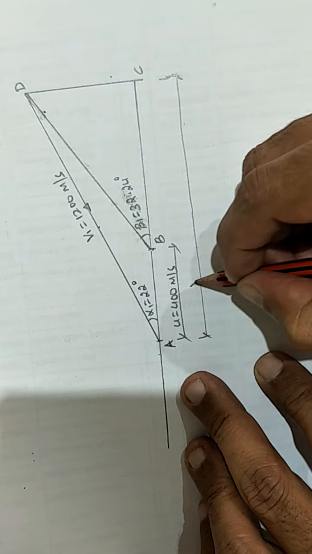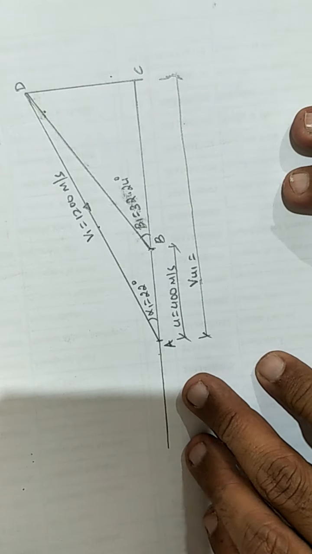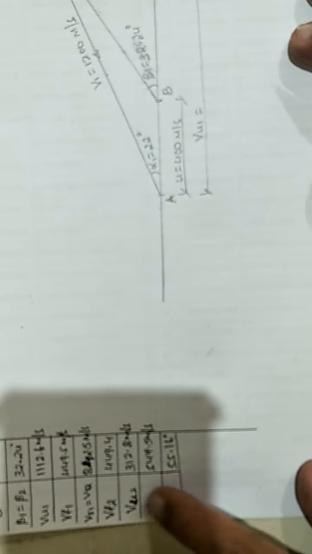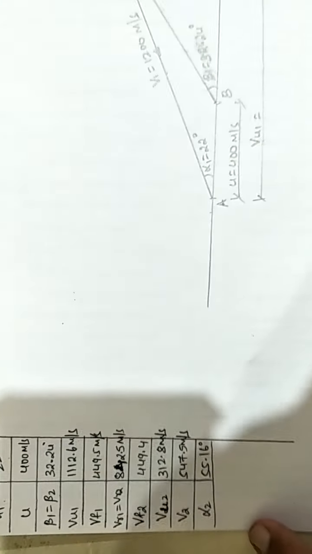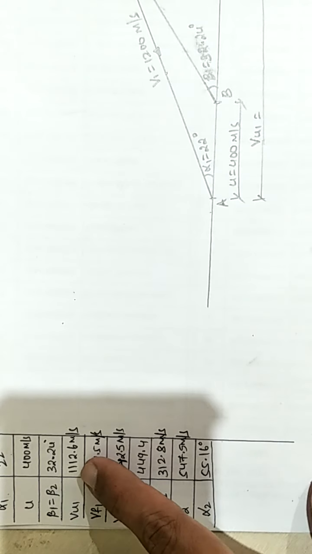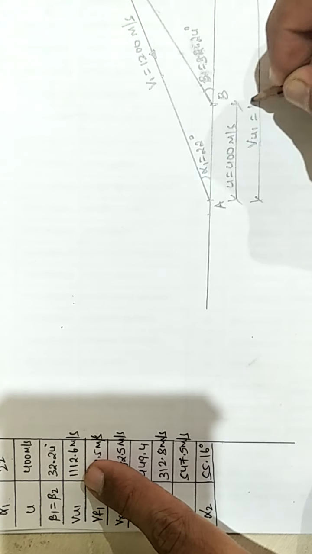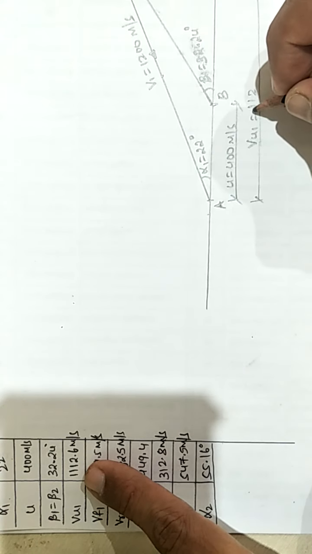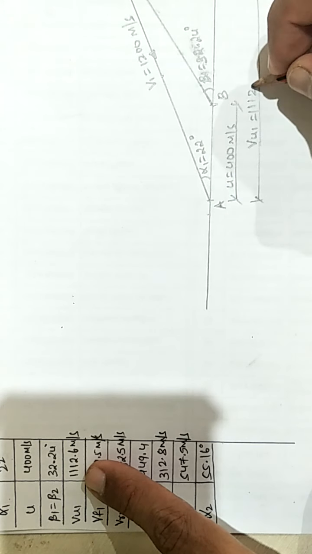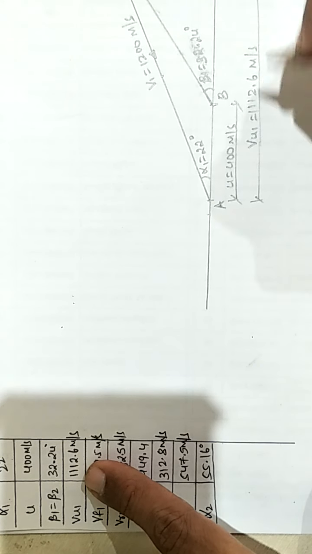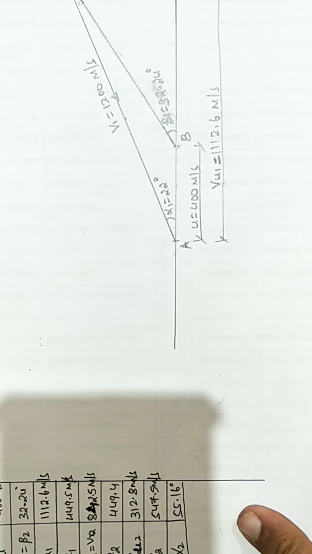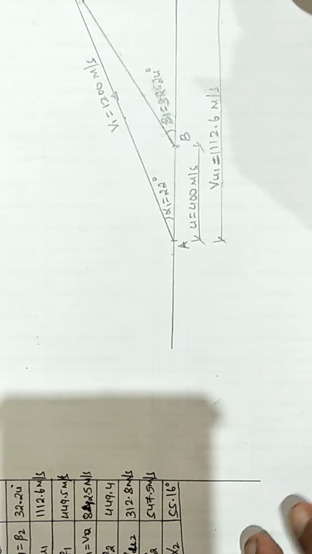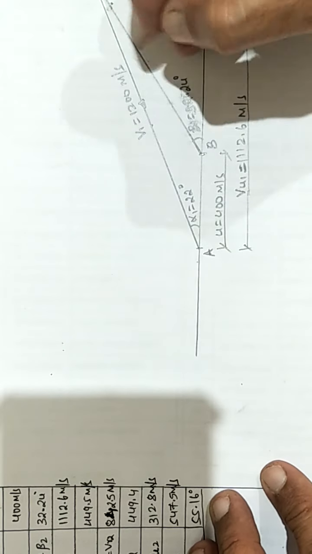So VU1 we obtained as you can see here. VU1 is 1112.6 meters per second. Okay, now moving to this inlet velocity triangle as you can see here.